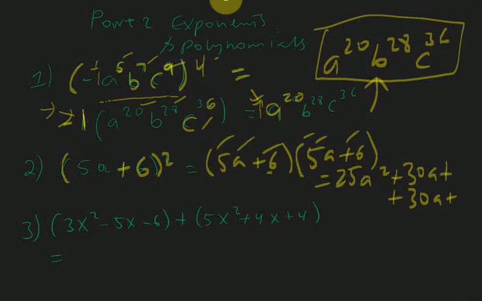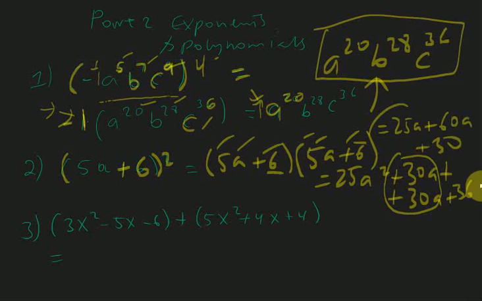We got 6 times 6 is 36, right? But we can add these two together. What are we going to get? We're going to get 25a square plus 60a plus 36. This is going to be the final. Nice and clean.